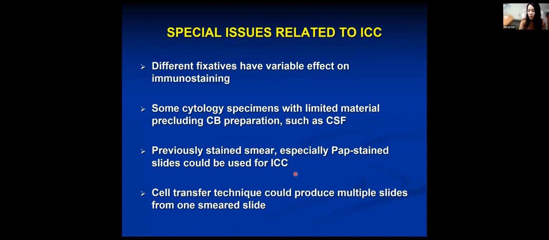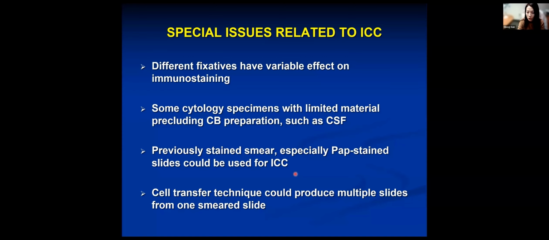So what are the special issues related to ICC? As we know, there are many different cytology specimen preparation methods, which have variable effects on ICC. As such, employing ICC requires rigorous validation. Moreover, many cytology specimens have very limited material precluding cell block preparation, such as CSF.